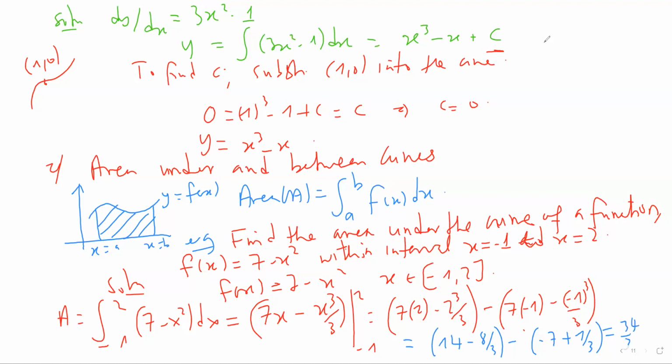And then this one gives us 20 over 3. Which altogether should sum up to, so I write the sum, 54 over 3. And that is the area under the curve, for instance.